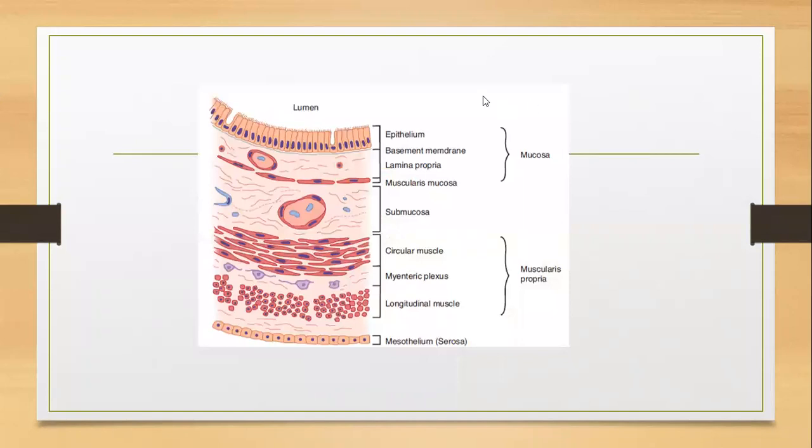This is also another schematic diagram. I have quite a number. So this will show you now the 4 layers the way I have described them, showing you a single layer of epithelial cells. And with these epithelial cells, you can see that they are columnar epithelial cells.